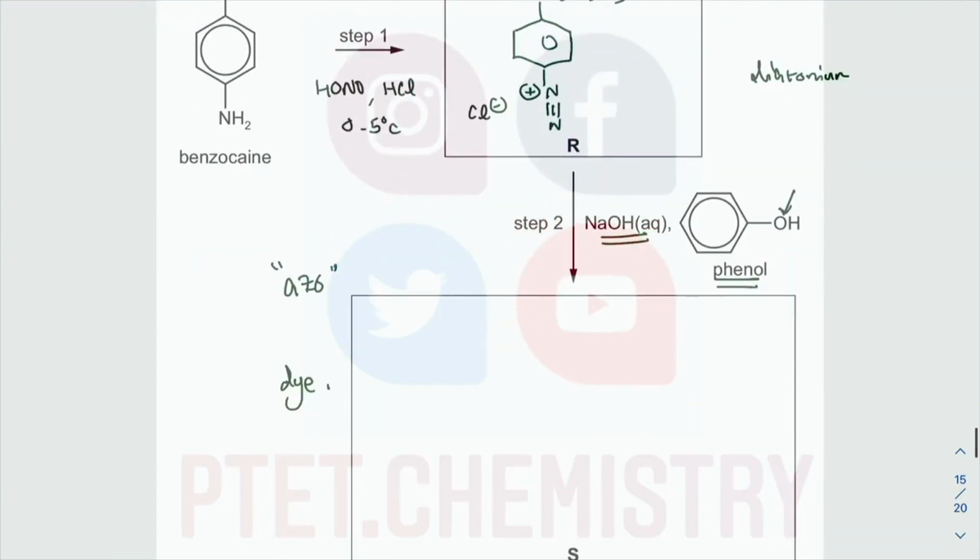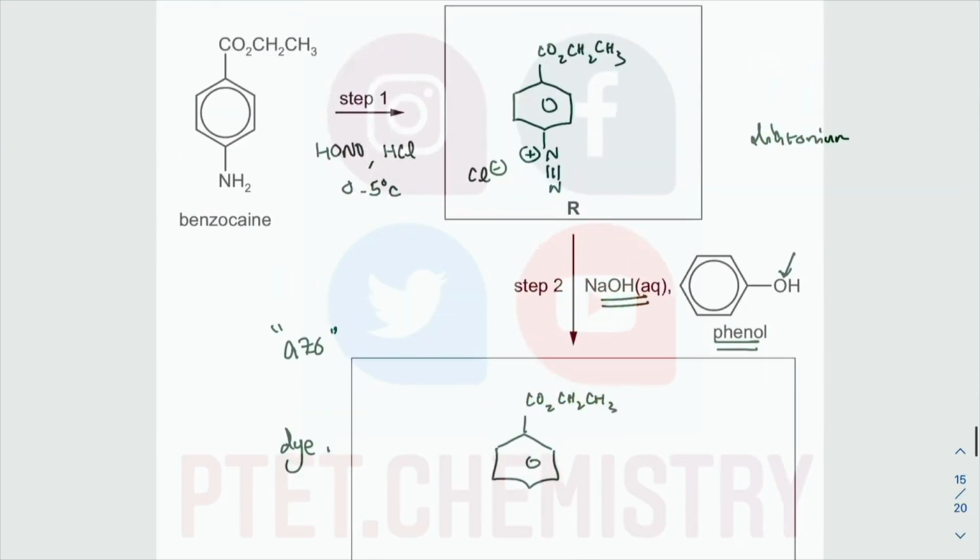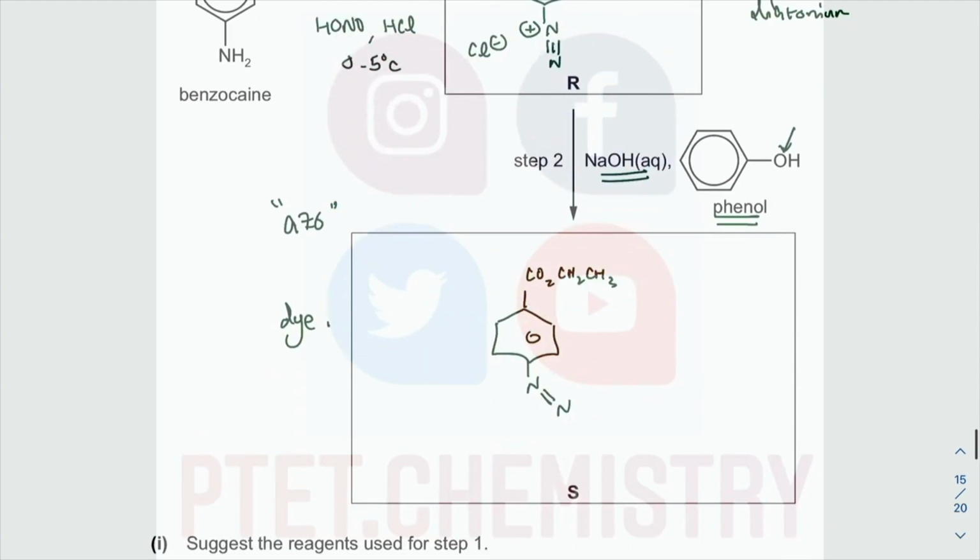So you treat that with that, and what you're going to end up with is the ester group remains as the ester, which is the CO2CH2CH3. The diazonium becomes azo, and then this group is 2, 4, and 6 directing.